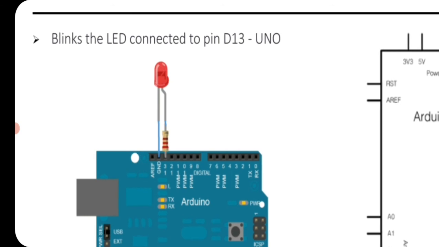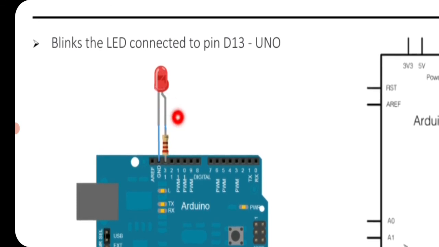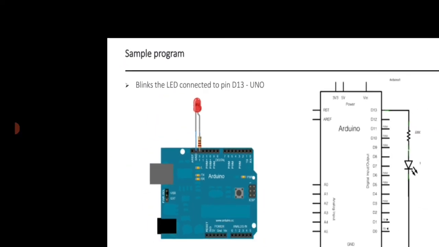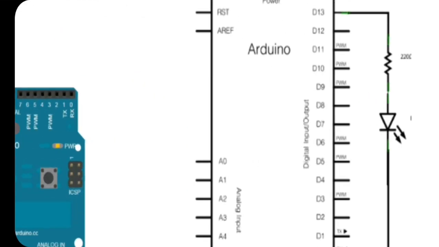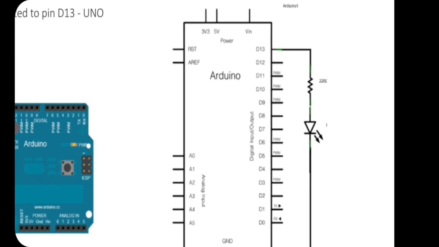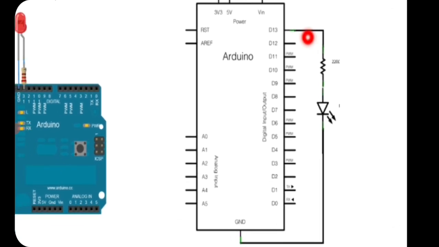Anode is connected to pin number 13 with the resistor, and LED cathode terminal is connected to ground. Here you will see the schematic diagram. Like this, you can connect LED.